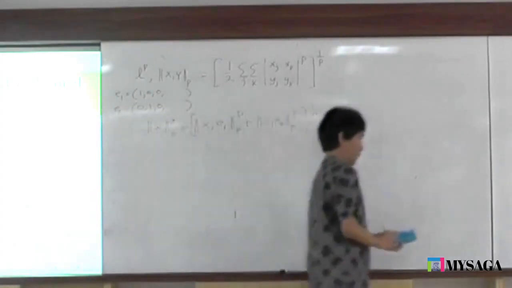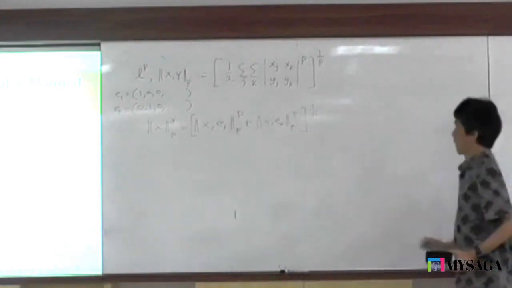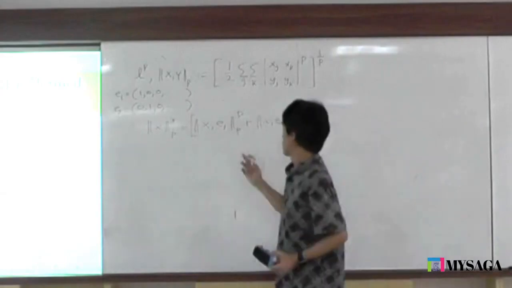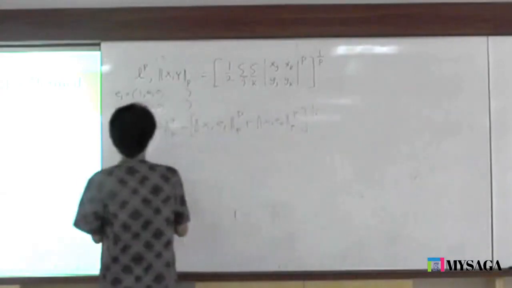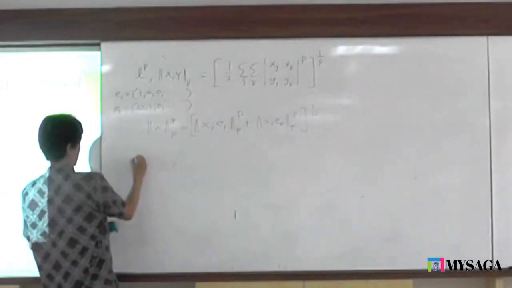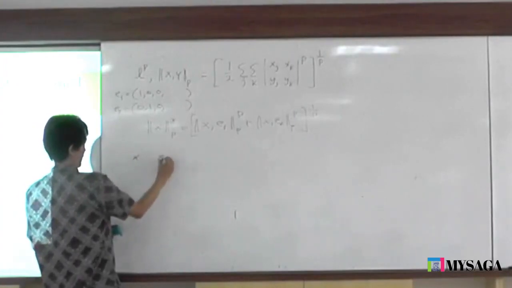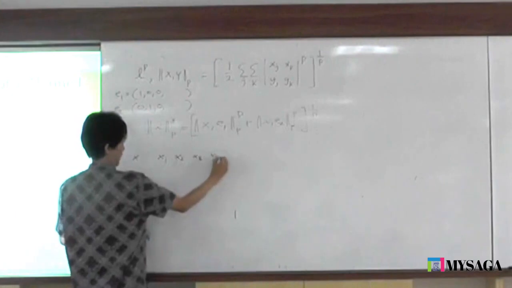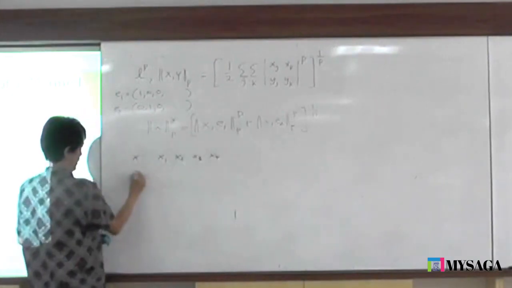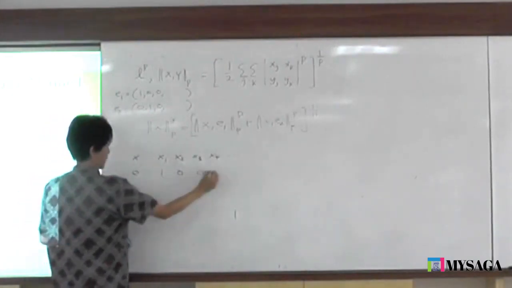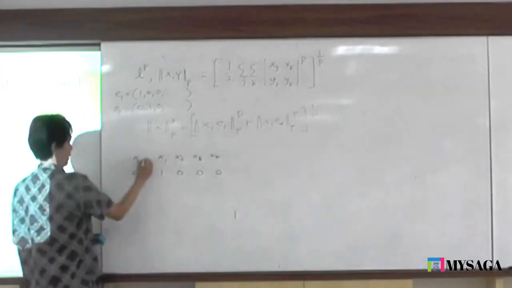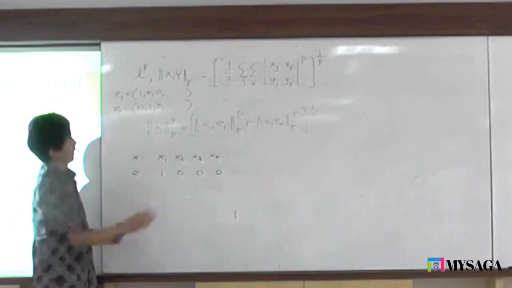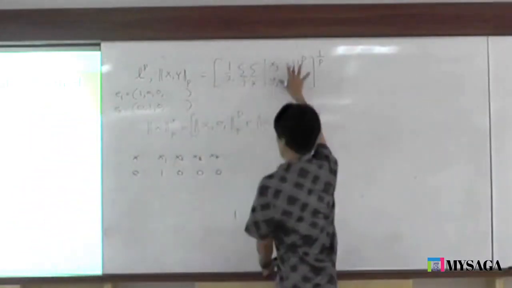But what will this formula give us? So that's what I'm going to do. Remember, if x is, this is just an illustration, and p is 1, 0, 0, 0, how do you compute this formula?